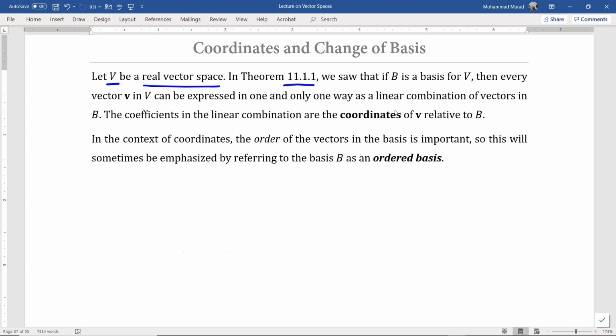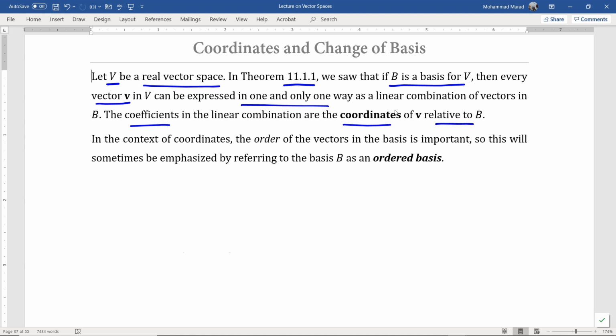In theorem 11.1.1, we saw that if B is a basis for a vector space V, then every vector v in the vector space V can be expressed in one and only one way as a linear combination of vectors in B. The coefficients in the linear combination are the coordinates of the vector v relative to the basis B. We'll have a formal definition of coordinates shortly.